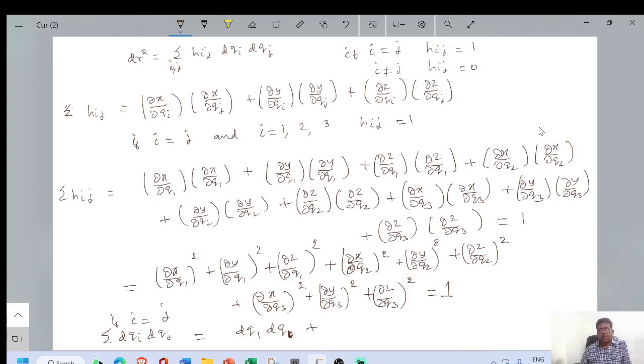Next, i equal to j equal to 2, dq2 into dq2. Then i equal to j equal to 3, plus dq3 into dq3. This is equal to dq1 square plus dq2 square plus dq3 square.